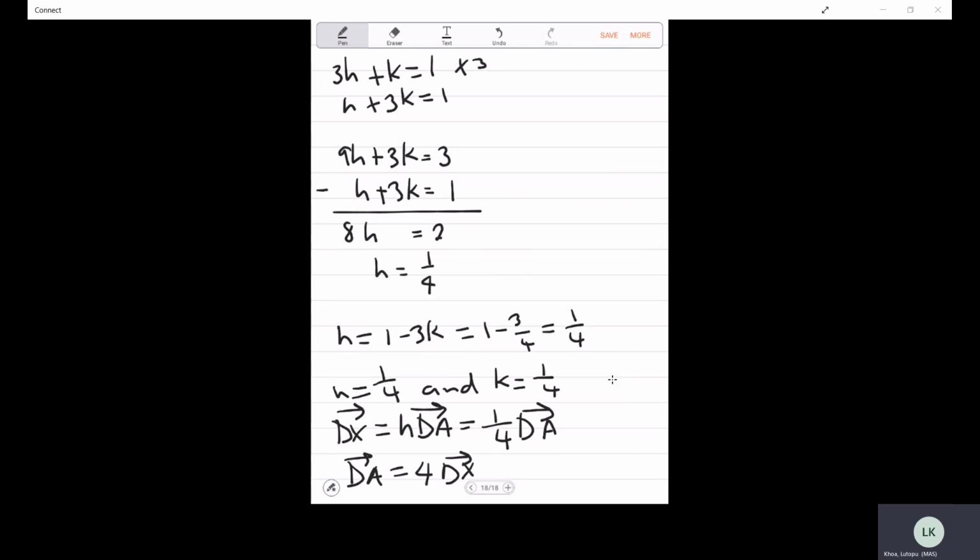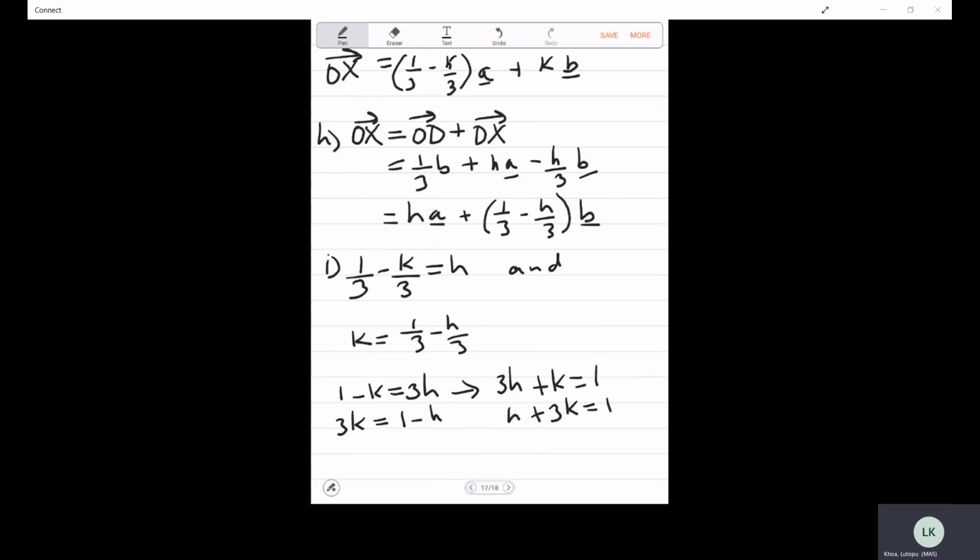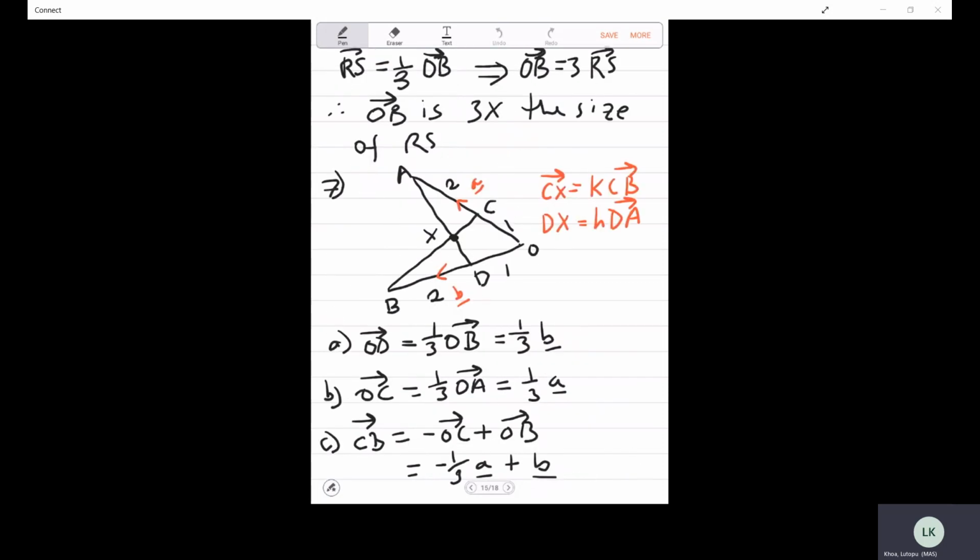Okay, so we can go back to our diagram. Okay, so DX is a quarter of DA. So this is a quarter of this entire length.